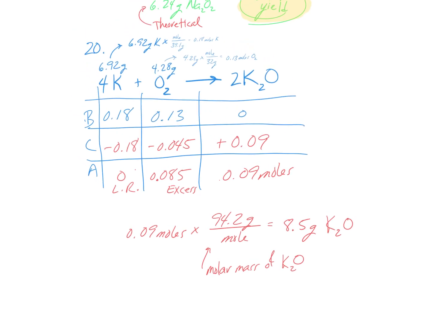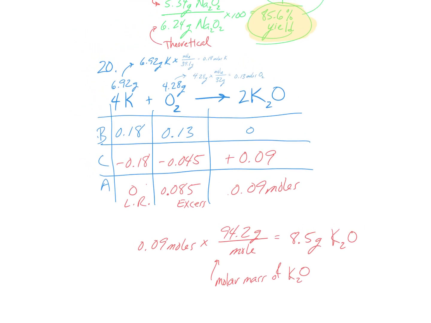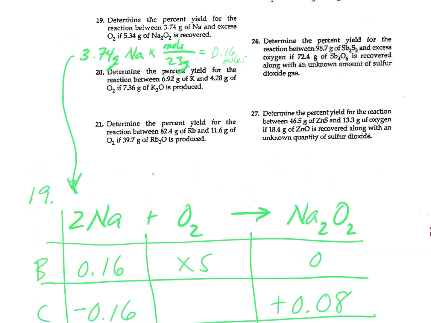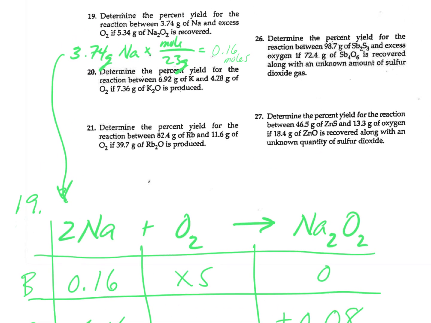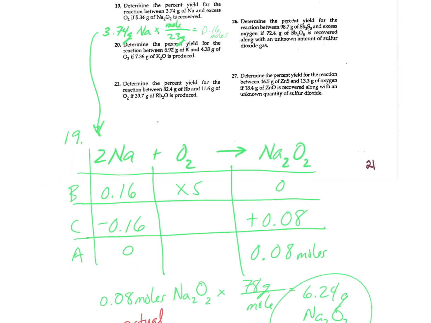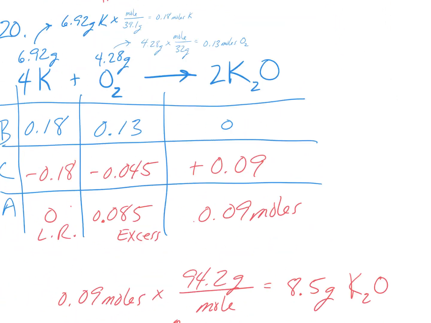How does that compare to what was actually made? All right, let's take a look. 7.36 grams was actually produced.